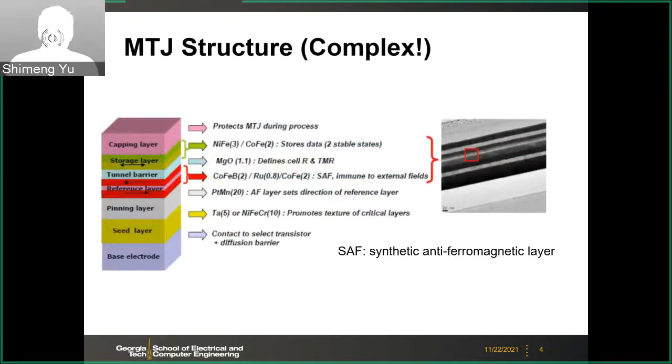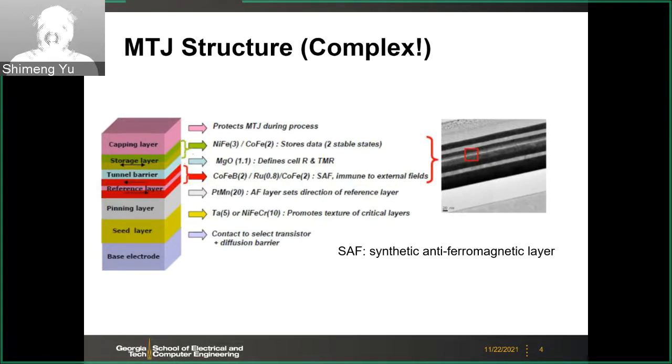Actually, the MTJ structure is very complicated to fabricate. Here is the schematic for the complete MTJ structure. The core is this three-layer structure.